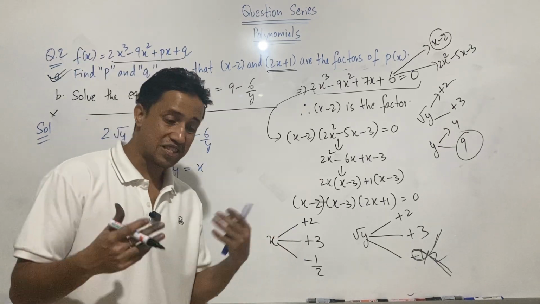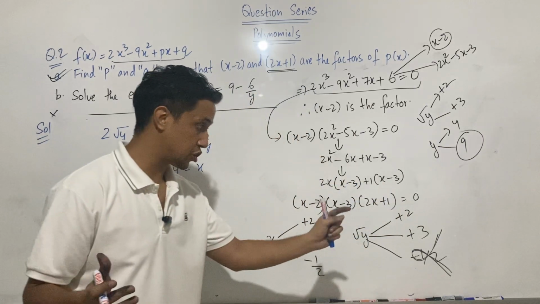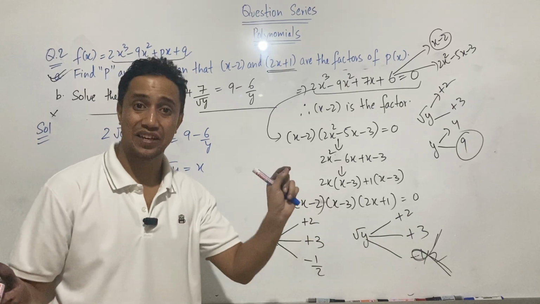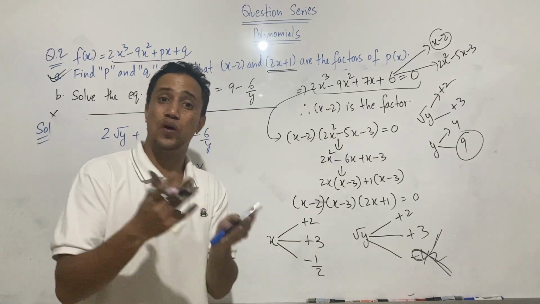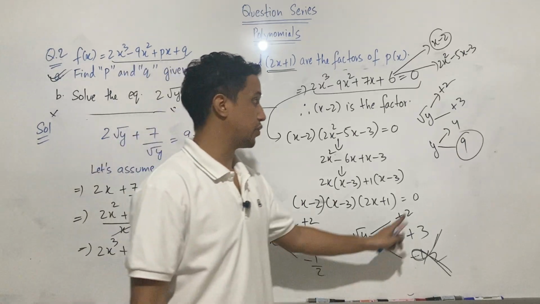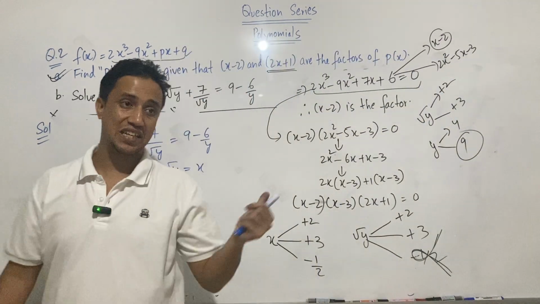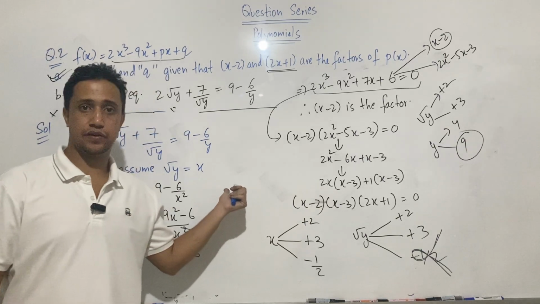Just for the sake of avoiding this mathematical contradiction, we take into consideration the negative value along with the positive, but if it has just one value and that is negative, then just rule out that possibility. So we will get these values. That's how we did it. Thank you.